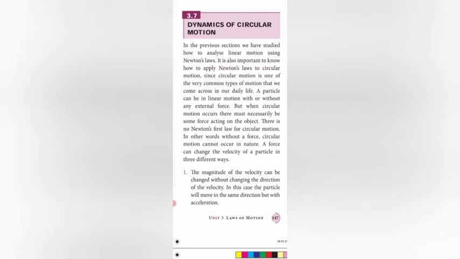The best example for this, you all know, is the swing. A swing executes to-and-fro motion, so its direction and magnitude both change. One more good example is the simple pendulum. That is also to-and-fro motion, so there also the direction and the magnitude change.